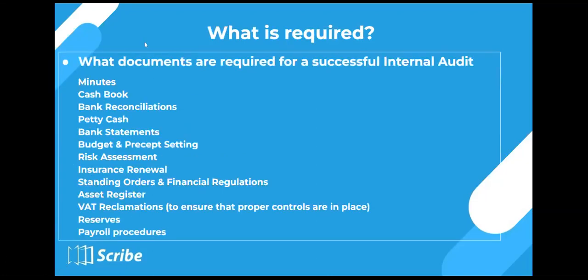Your internal auditor will be looking over the following to ensure that correct procedures have been adhered to and are most importantly in place. The minutes, the cash book, bank reconciliations, petty cash if it's used, bank statements, the budget process, risk assessment, insurance renewal, standing orders and financial regulations, the asset register, VAT reclamations, and to ensure that proper controls are in place if you are VAT registered, reserves, and payroll procedures.